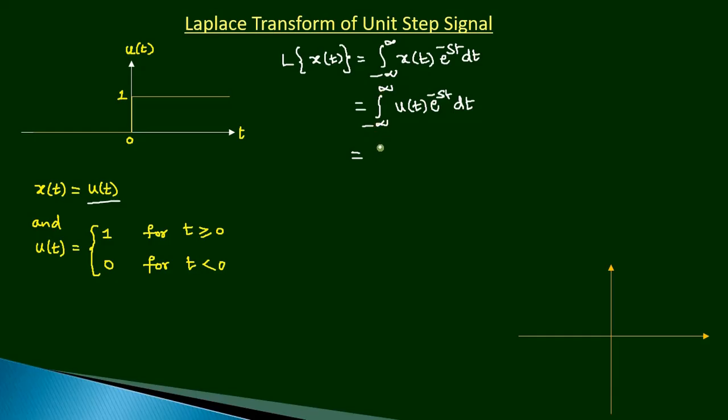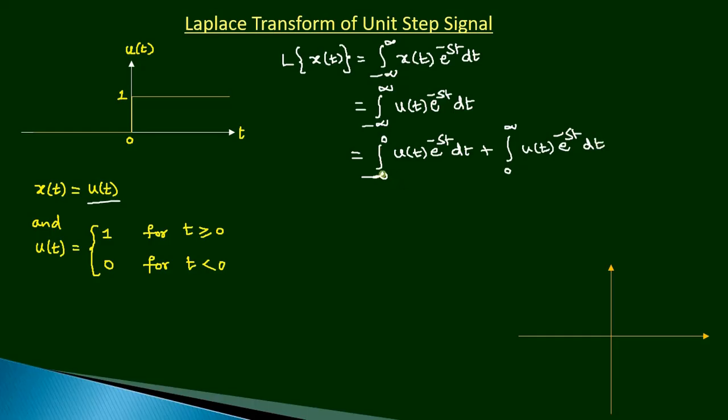For our convenience, we divide the limits: the integral from minus infinity to 0 of u of t e power minus st dt plus the integral from 0 to infinity of u of t e power minus st dt.